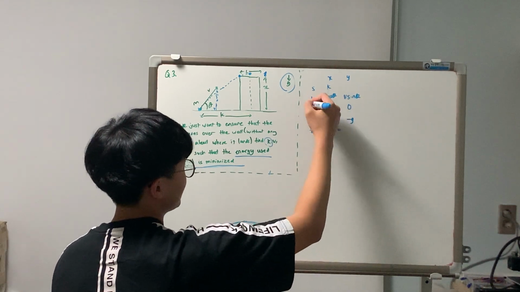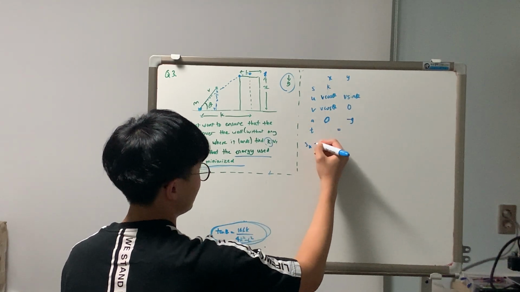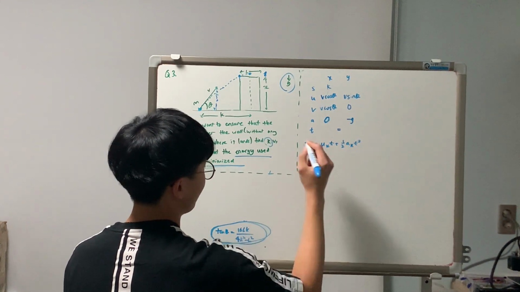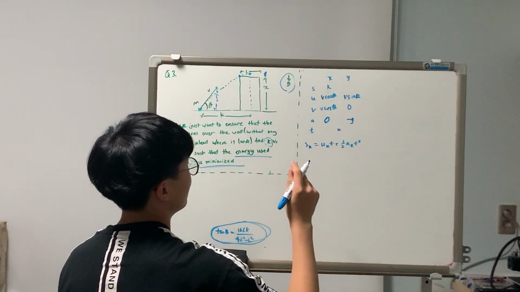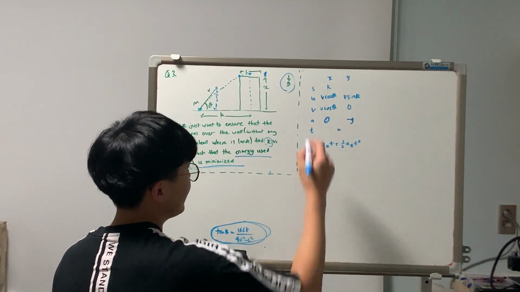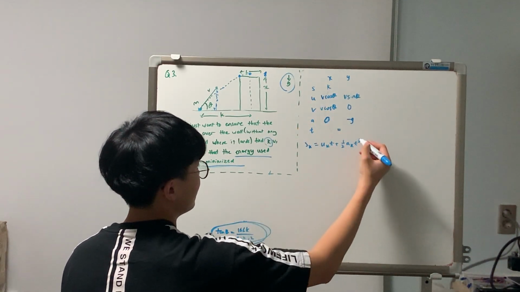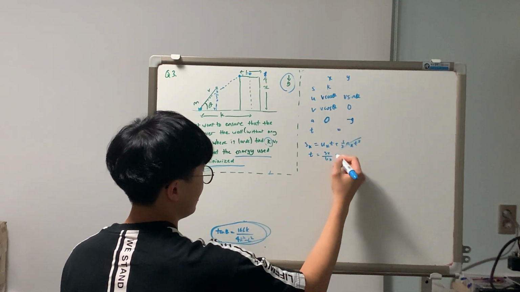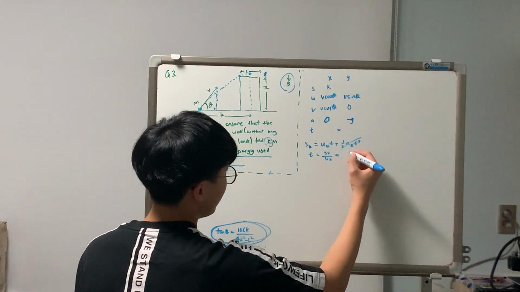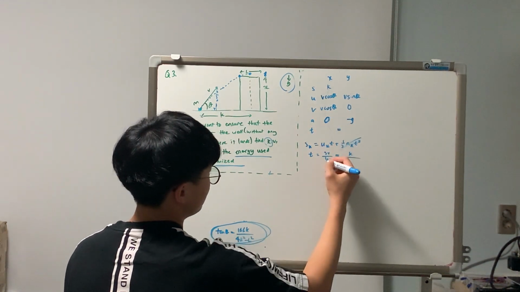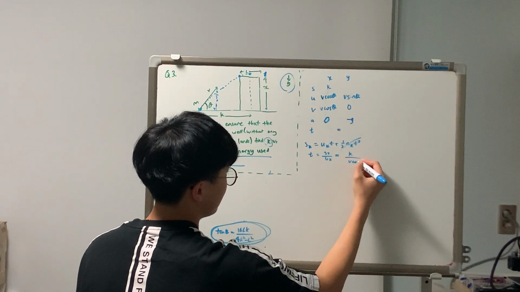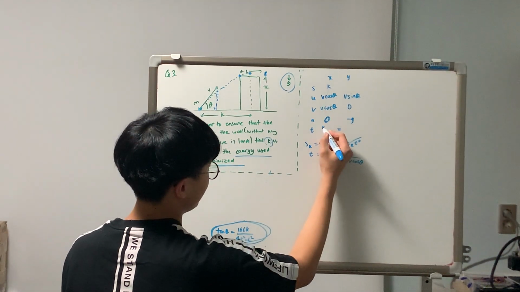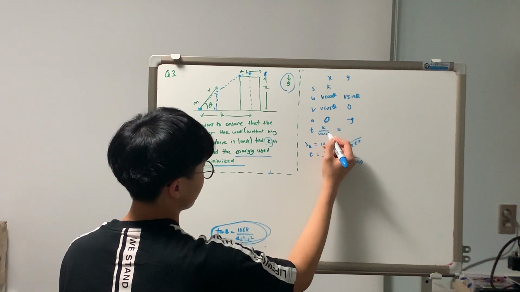We know from the SUVAT equation, Sx equals uxt plus 1/2 axt squared. Because ax here is 0, we could eliminate this part and get t is equal to sx over ux, which is equal to k over ux, which we said is v cosine theta. So the first expression for time we get is k over v cosine theta.